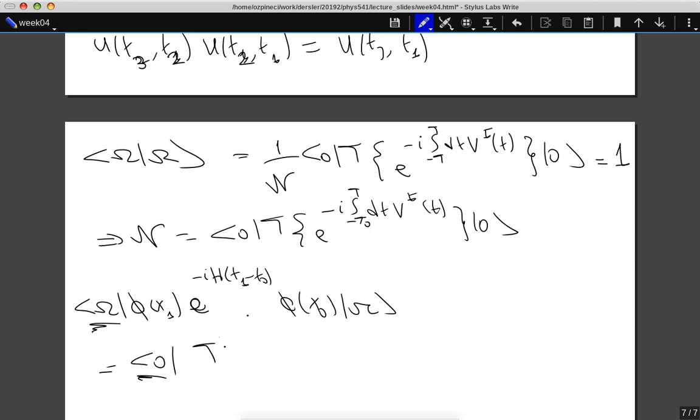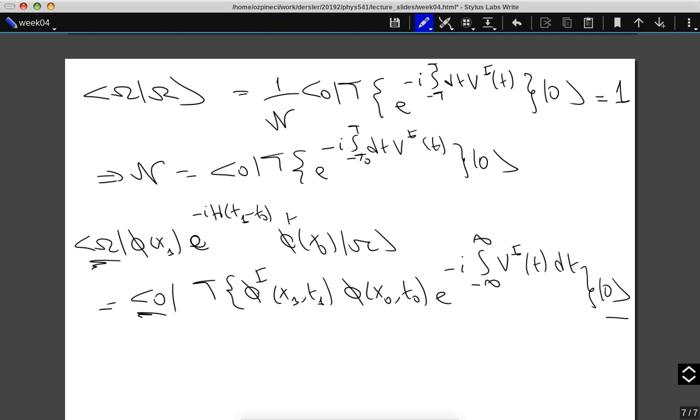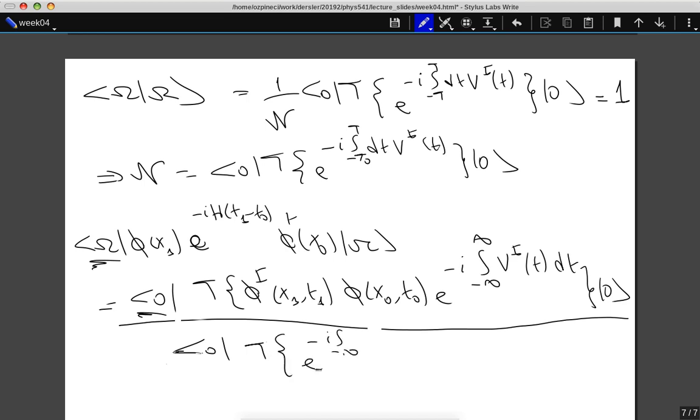The time-ordered product of phi in the interaction picture at x1 t1, phi at x0 t0, e to the power minus i, integral from minus infinity to infinity of V_I of t dt. Well, with this slightest epsilon; I mean, they go to infinity with small imaginary parts. Divided by just the exponent.